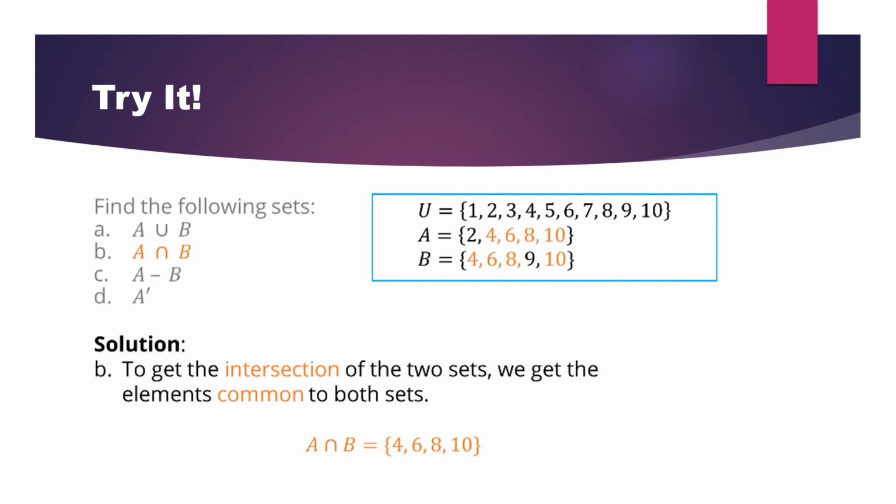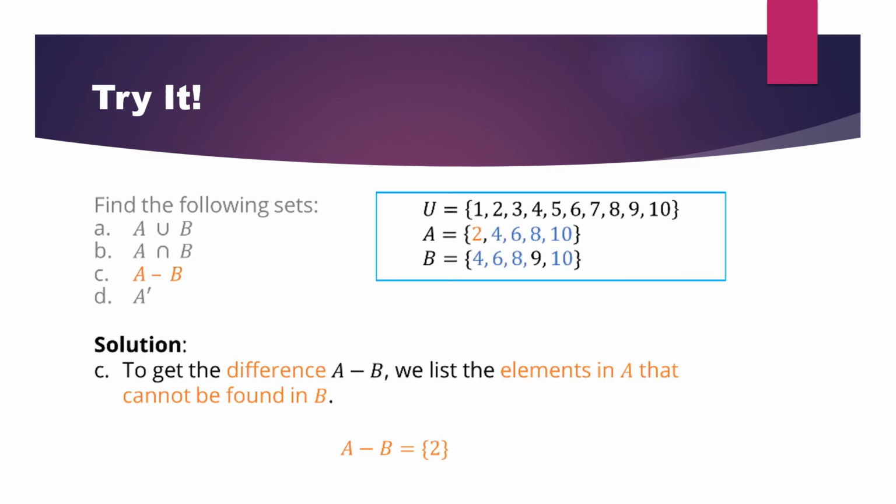Next is difference. A difference B. To get the difference of A and B, we list the elements in A that cannot be found in B. So the answer is set A difference set B is equal to 2.